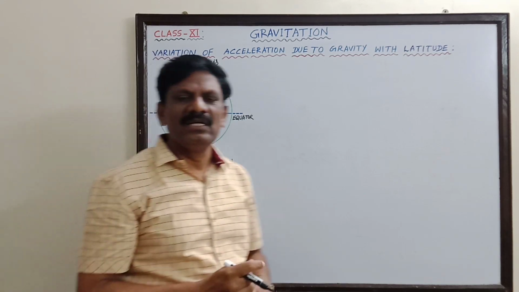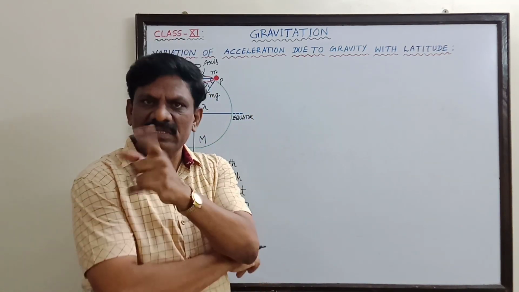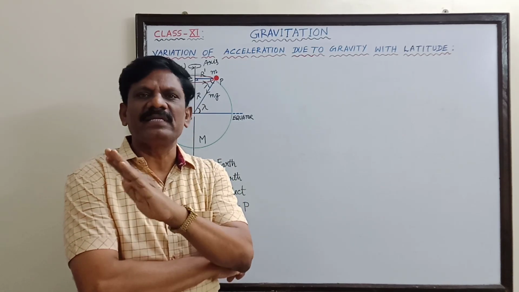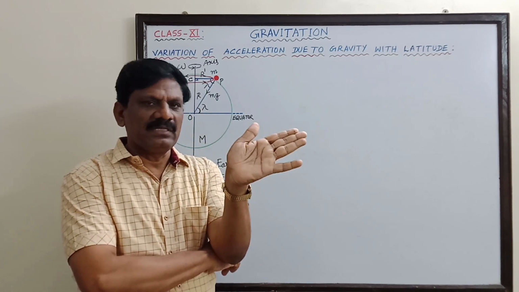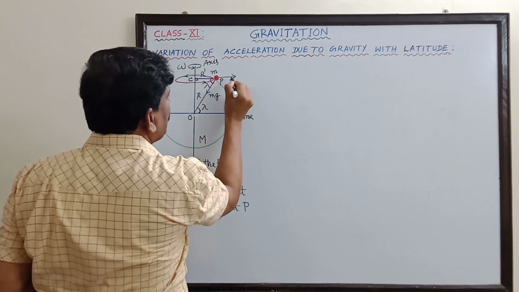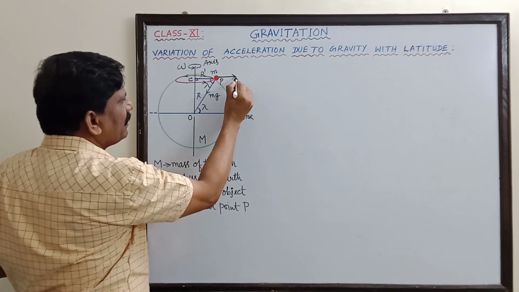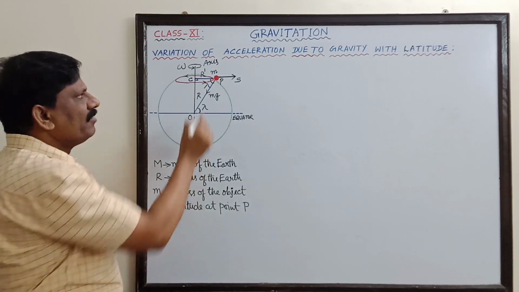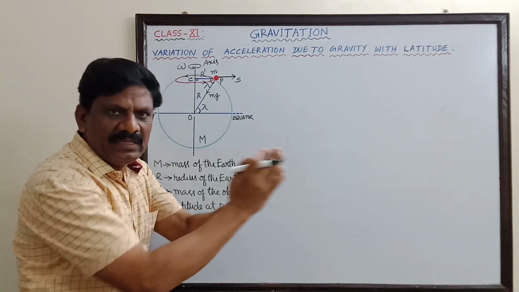As a result, a centrifugal force will act on the particle. This centrifugal force will always be acting away from the center, that is outwards. So you can see that this is the direction of the centrifugal force. Let us take this point as S. So the centrifugal force is acting towards S, that is along PS.